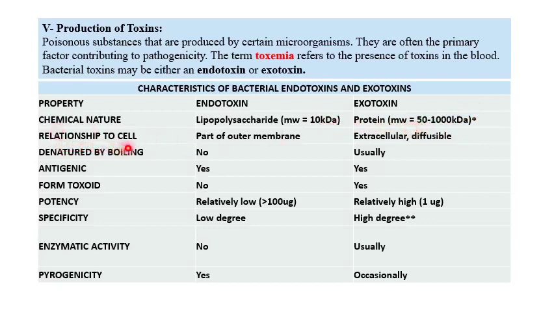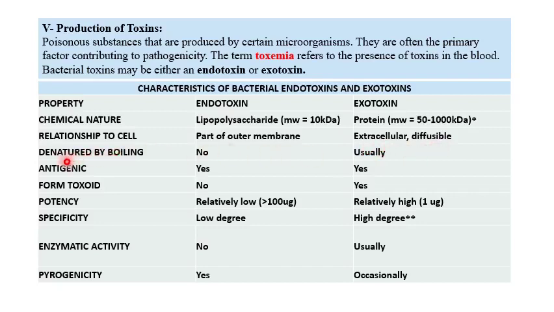Number 3, relationship to the cell. We said before that lipopolysaccharide is the outer membrane of the gram-negative bacteria, so it's an integral part of the cell of the gram-negative bacteria. But the exotoxin is an extracellular substance produced outside and it is diffusible outside the cell.